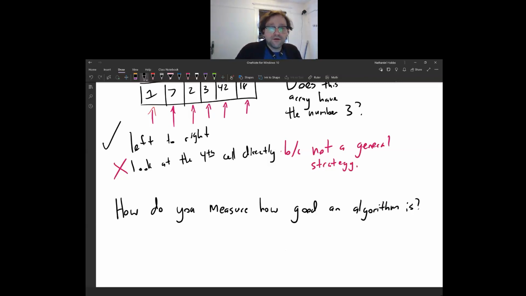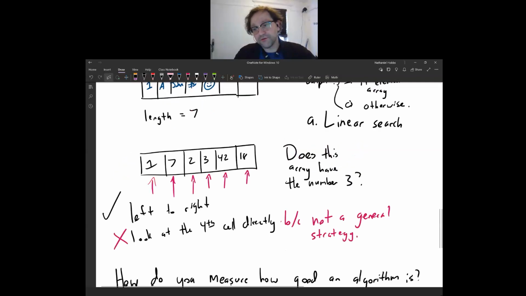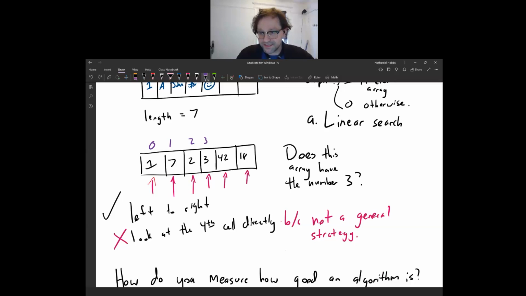Yeah, let me answer this one question real quick. When I said, for example, this is index 0, 1, 2, 3, 4, and 5, I was saying that if you don't find it, you can return, for example, -1, because that's not a valid index.